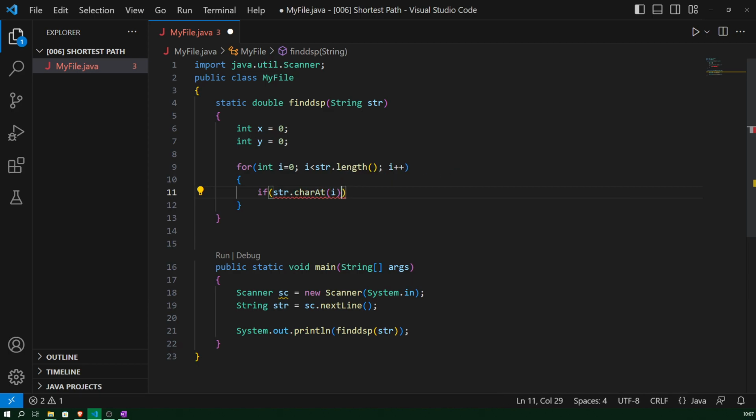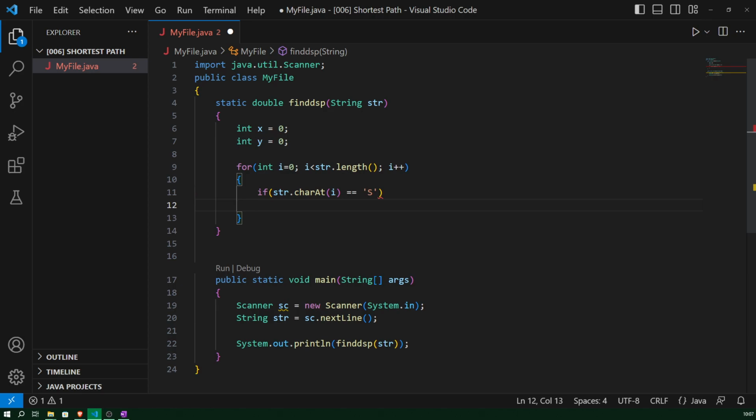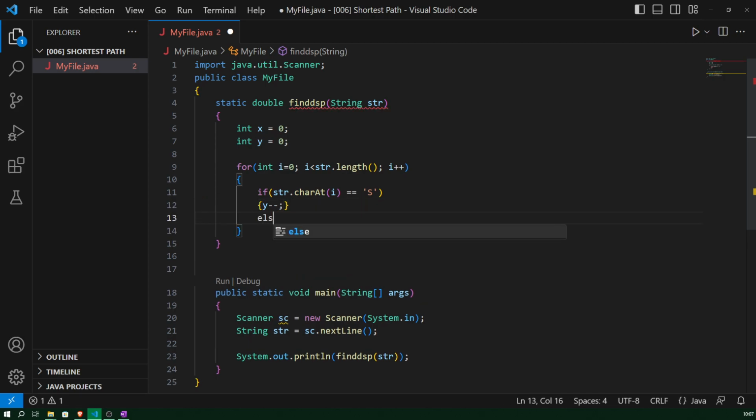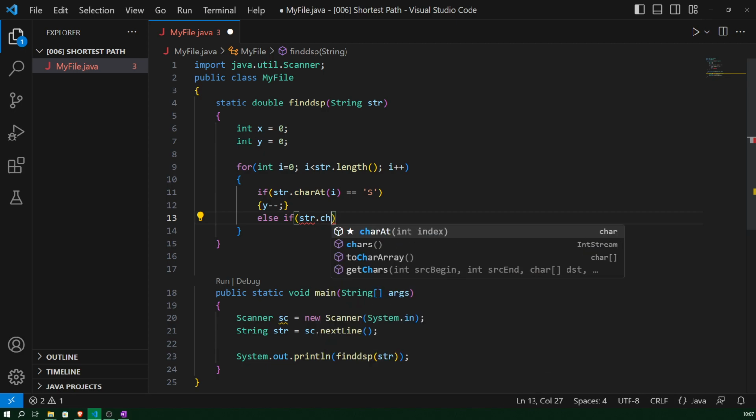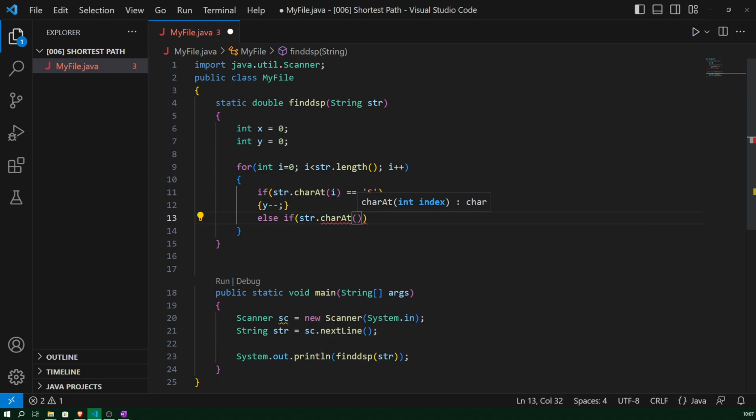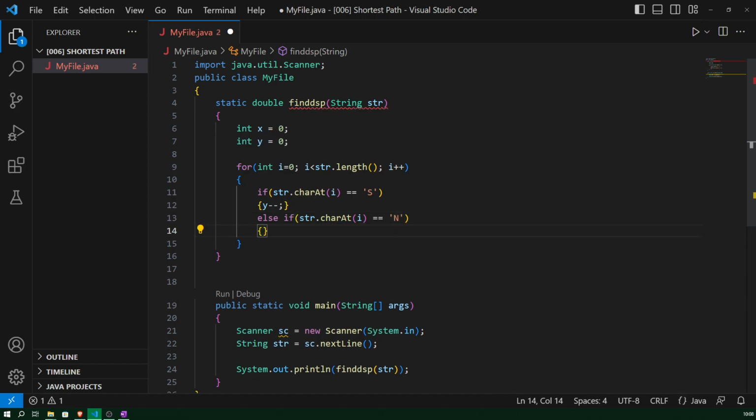is equal to let's say S, then in this particular scenario we need to do y minus minus. Similarly, else if str dot charAt(i) is equal to N, then in this particular scenario we need to do, sorry, y plus plus.